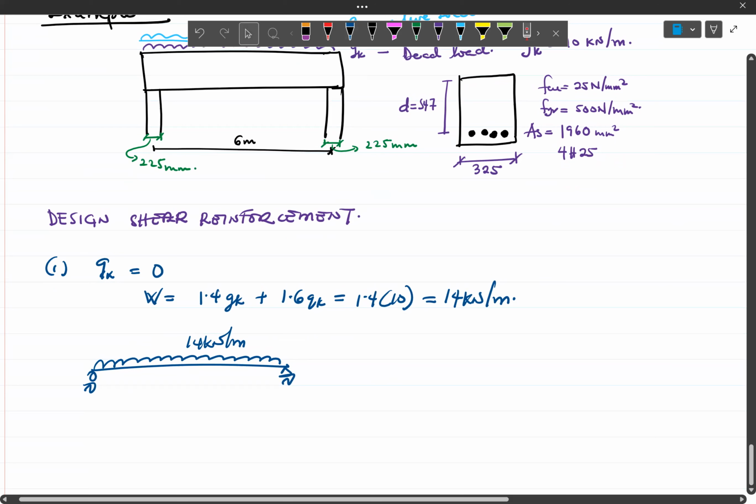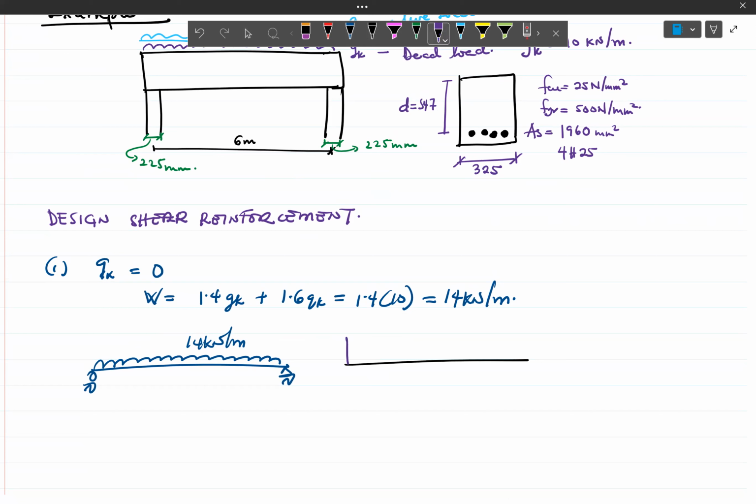When you draw your shear force diagram, this is how it will look, the top value here being 42 and that being 42. So this is your shear force diagram.